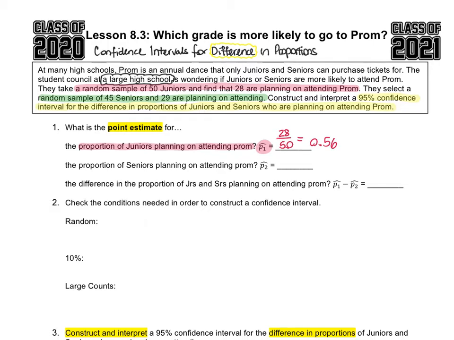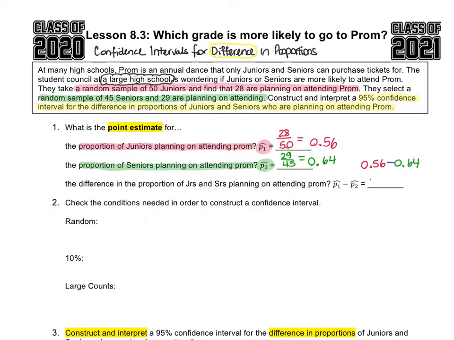When it comes to the seniors, we want to know the proportion of seniors planning on attending prom. That's going to be p2 hat. And that proportion is 29 out of 45, which gives us 0.64. Last of all, we want to know what the difference in proportion of juniors and seniors planning on attending is, and that's going to be p1 hat minus p2 hat.